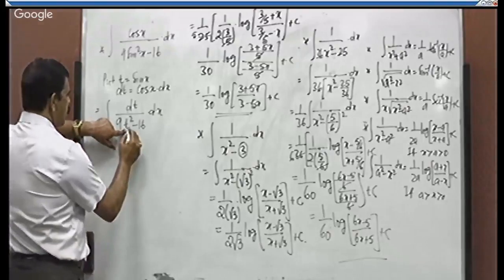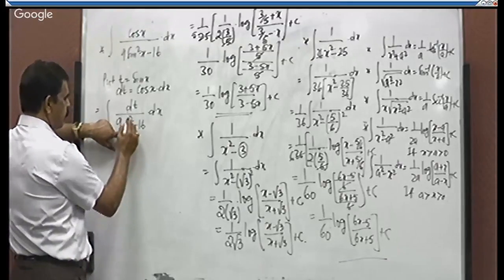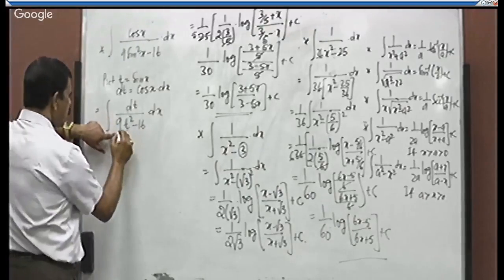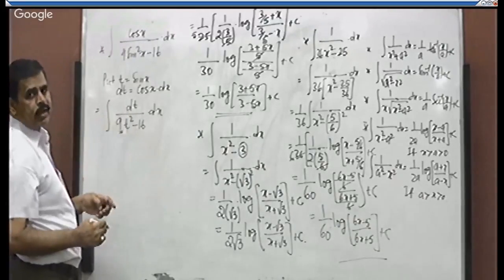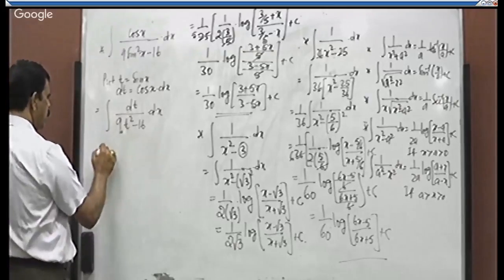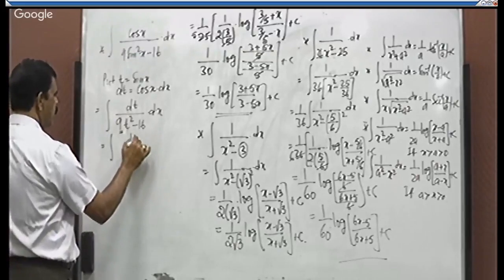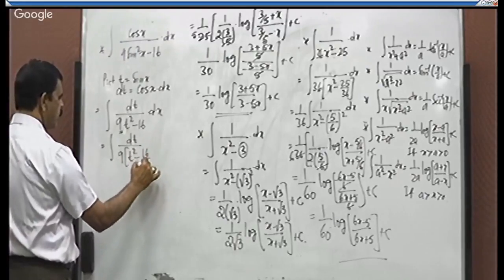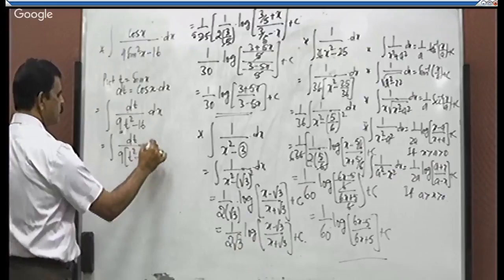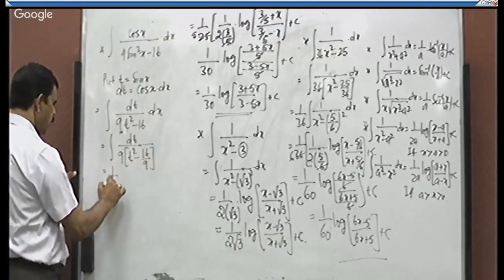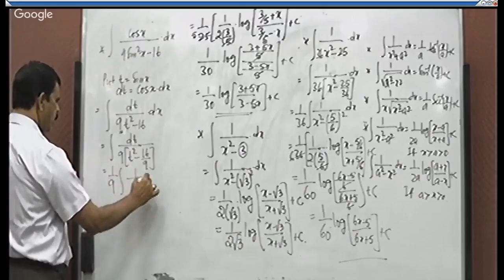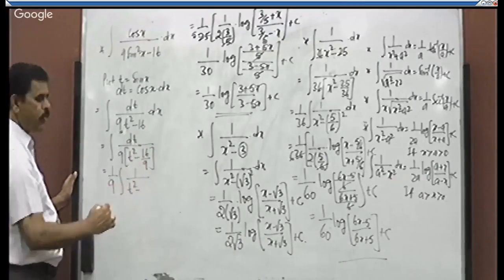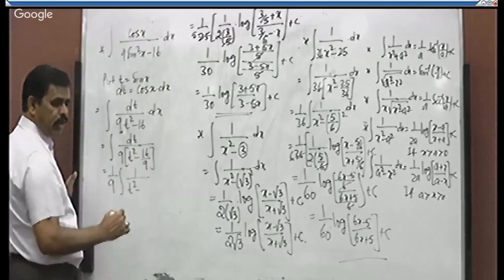So I want to convert this into which form? 1 by t square minus a square form. But here 9 is in addition to t square. Take that 9 as common. dt divided by 9 into t square minus 16 divided by 9, or it is 1 by 9 into integral of 1 divided by t square minus 16 by 9. 16 is what? 4 square. 9 is what? 3 square.